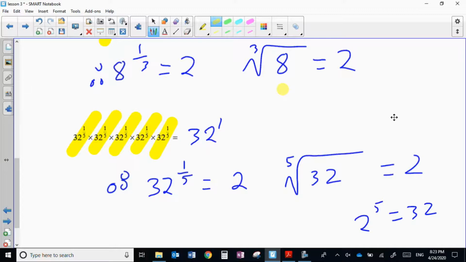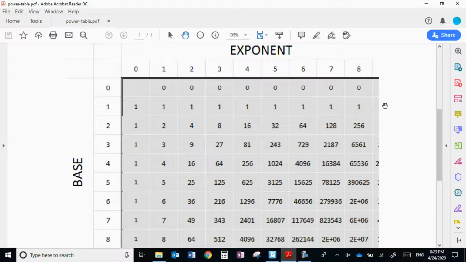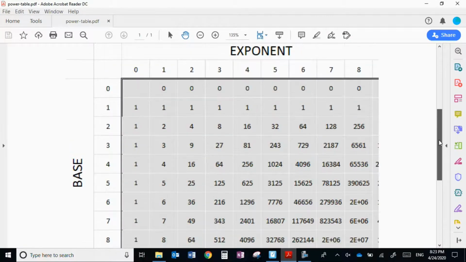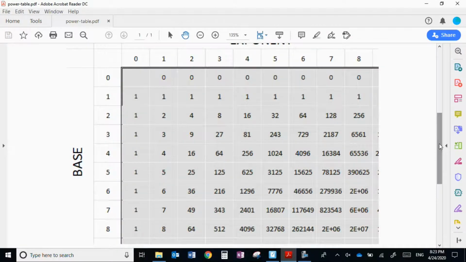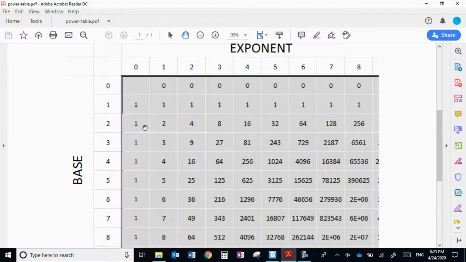But one thing I'd encourage you to do is to access that powers chart I've talked about, and the one I pulled up is right here. It's not the greatest one, but there it is. It shows you all your powers, bases, and exponents. So here's 2 to the power of 5, and we cut across, sure enough, we get 32.